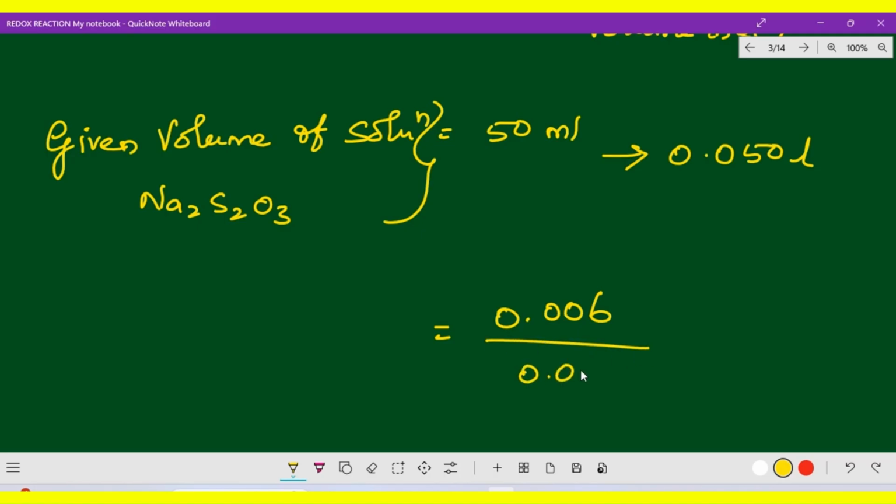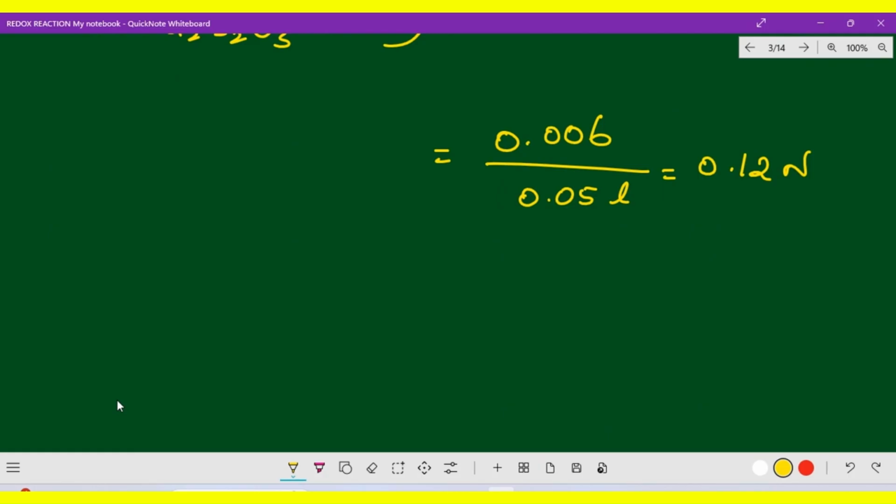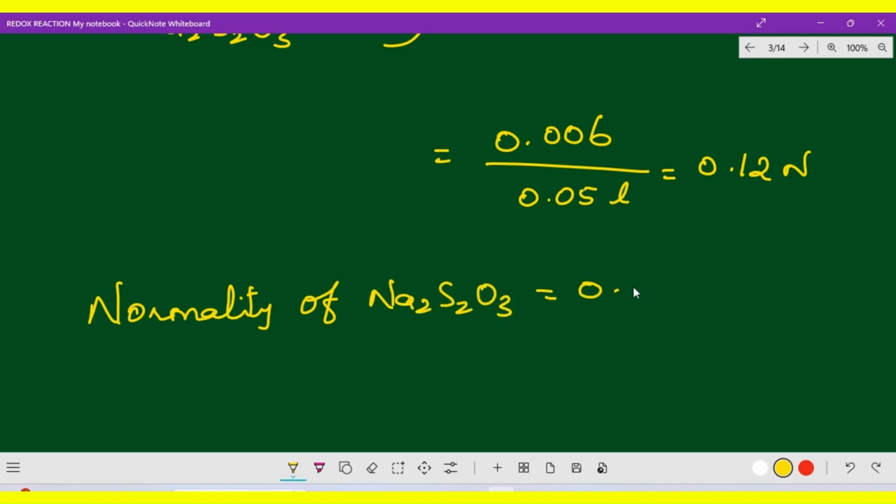The equivalents we got is 0.006, divided by 0.05 liter. How much will you get? 0.12 N. So this is the normality of sodium thiosulfate, Na2S2O3: 0.12 normality. I hope you got a clear idea about this point.